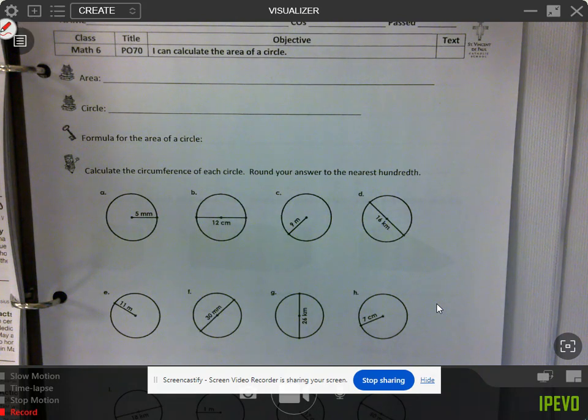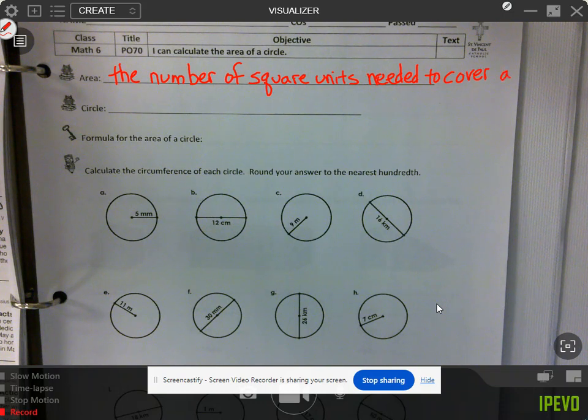So the area is the number of square units needed to cover a figure.